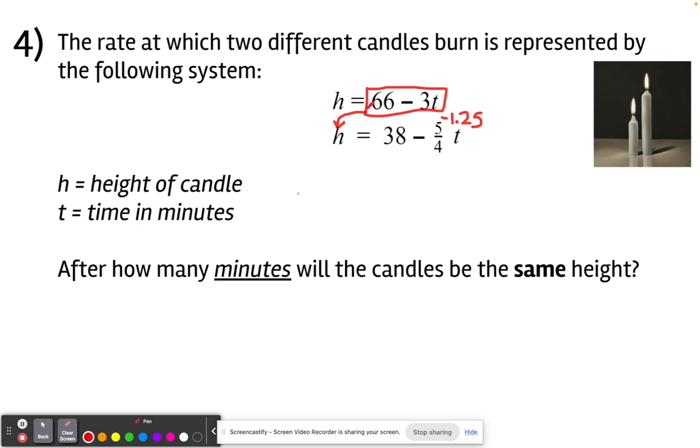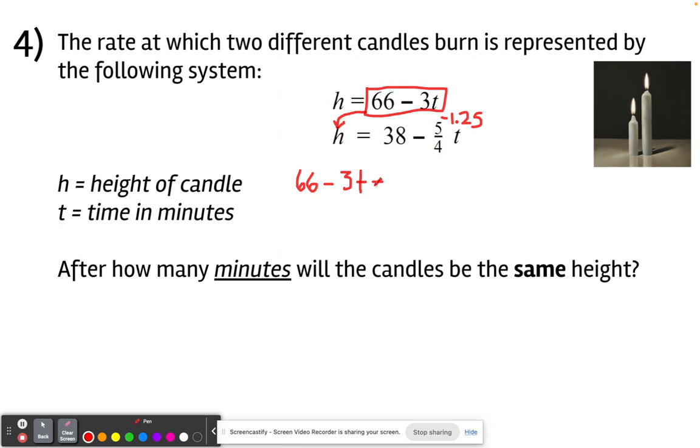I have 66 minus 3t. That is plugging that h right here into here.